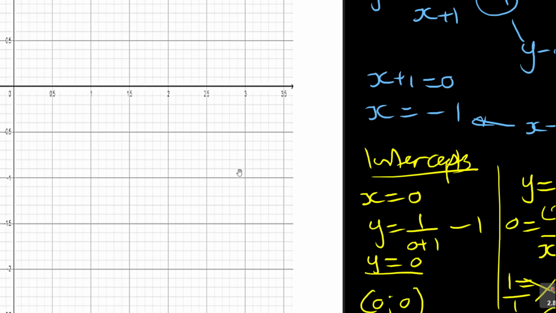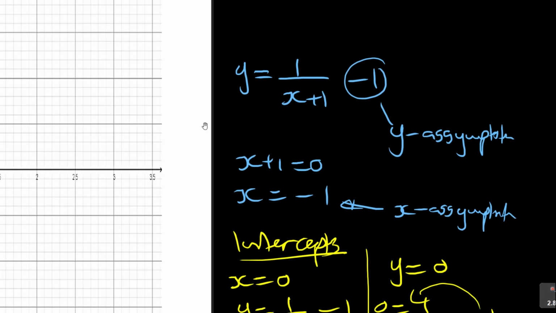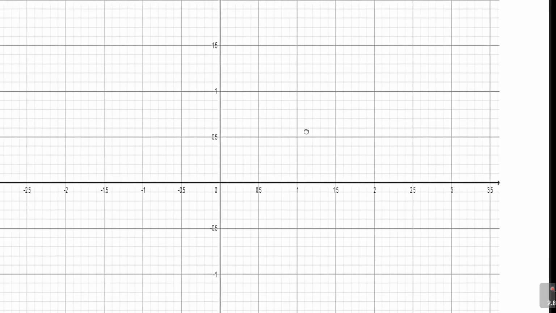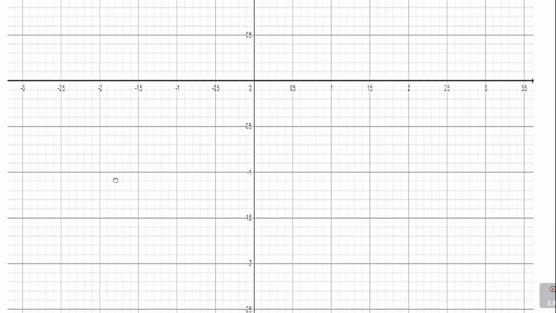So let's look at this. Let's start with the asymptotes. y is equal to -1. So you come here on the asymptote, and here you can draw y is -1. It's an asymptote.